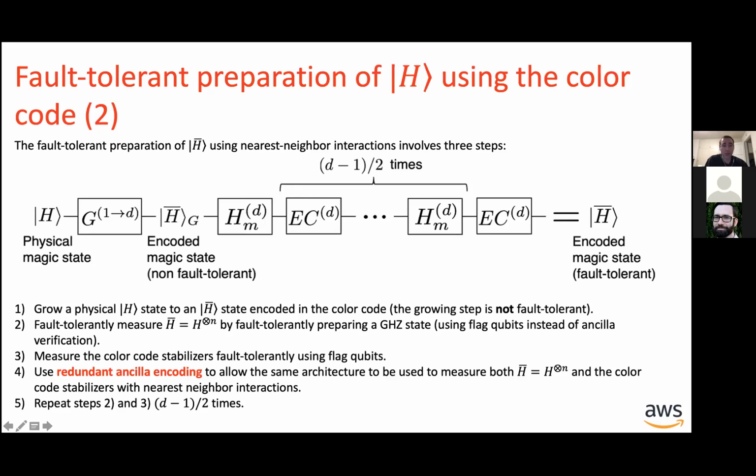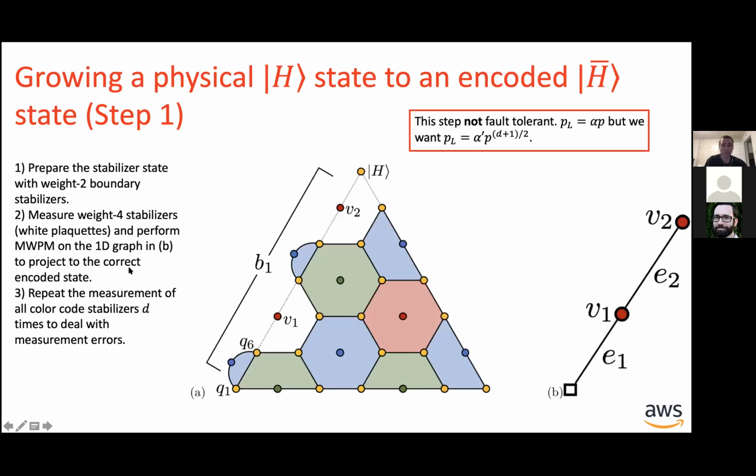Okay, so now let's dive into the details in each of these steps. I'll first describe how we do this growing process. Here we want to take a physical H state and encode it into a logical H state of the color code, and the techniques for doing this are fairly well known. The idea is to start with a stabilizer state.